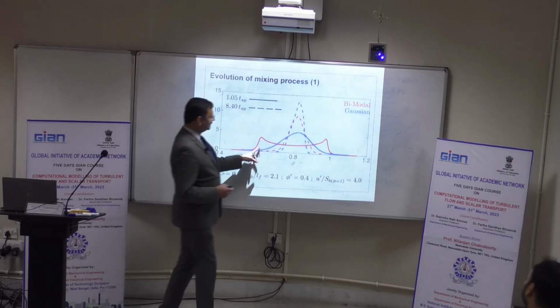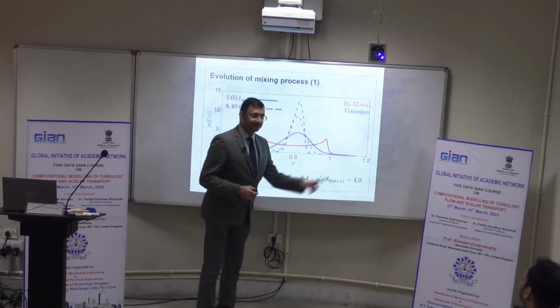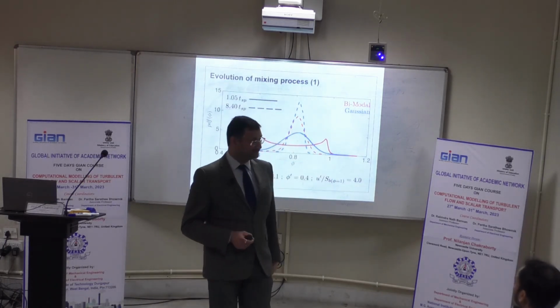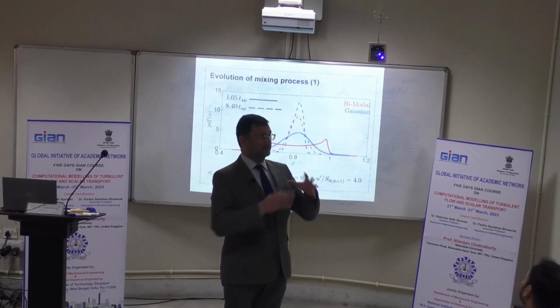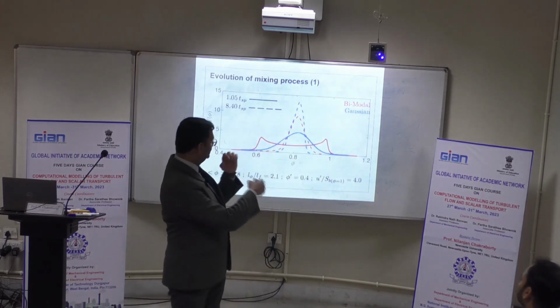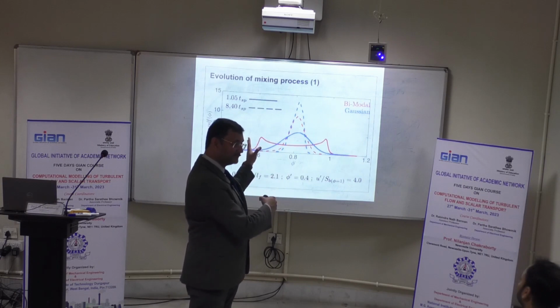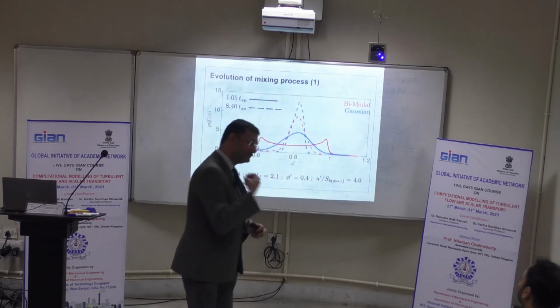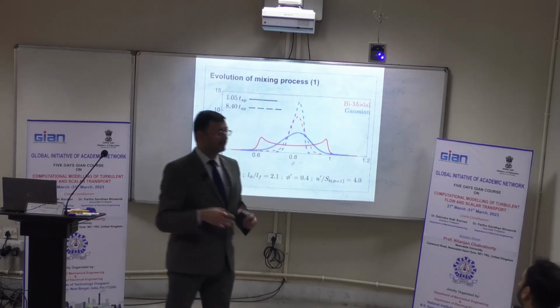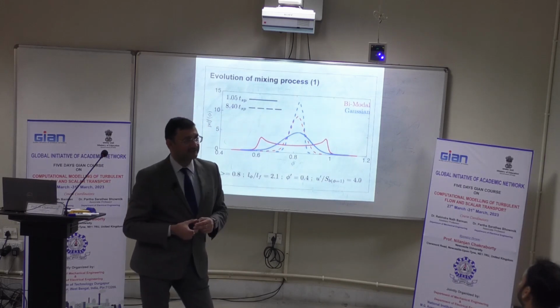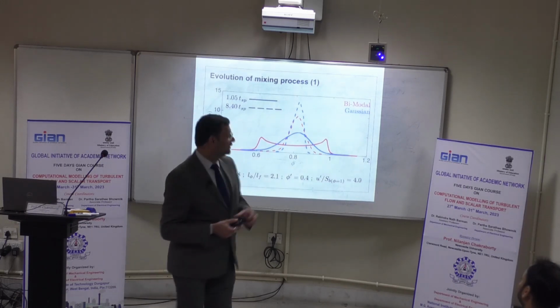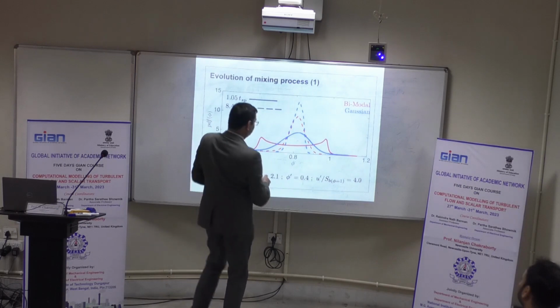So we started with this Gaussian distribution as an initial condition, in those boxes that I showed you. Then you allow them to evolve under turbulent conditions, under homogeneous isotropic turbulence. What happens?